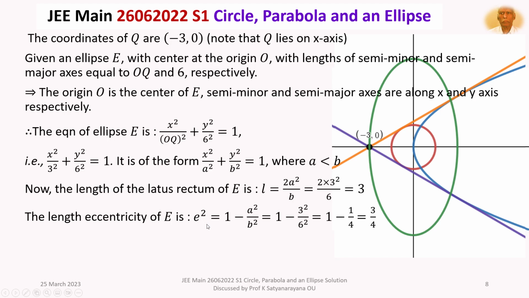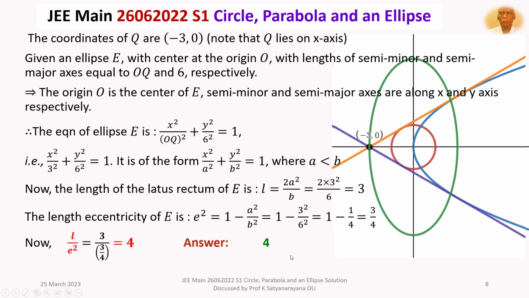This is e square, that is eccentricity square. Required to find L by e square, that is 3 by 3 by 4. After cancellation, we will get 4. Thus, the answer for this question, that is L by e square, is 4.